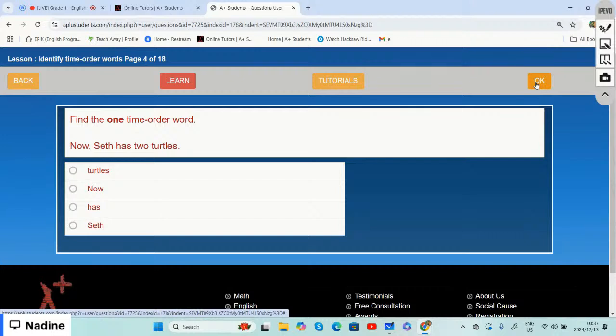All right, the next one says, now Seth has two turtles. Which one shows a time order word? Is it turtles, now, has, or Seth? Which one is correct?